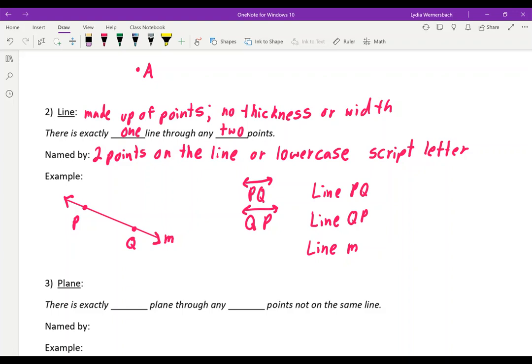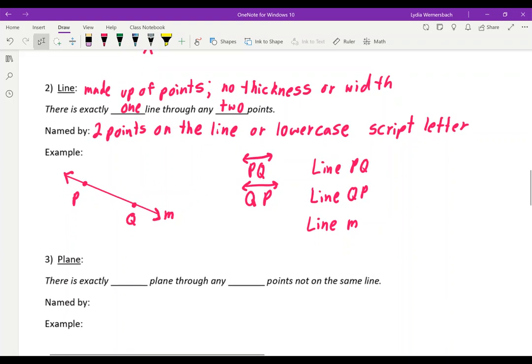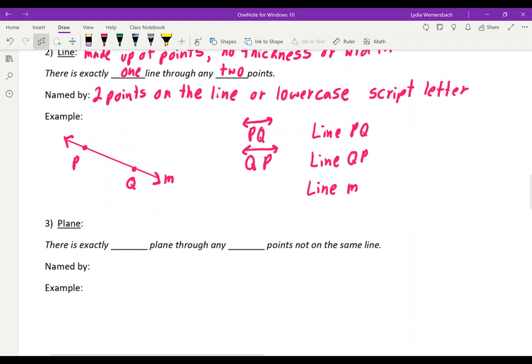So we do have to be careful with that. So these are all of the possible names for this. We can just call it line M with that lowercase script letter. So these are all the ways that we could name this specific line. Now, if there were additional points on it, say like a point here, and we called that Z, we would have a lot more potential names for it, but we're not worried about that right now.